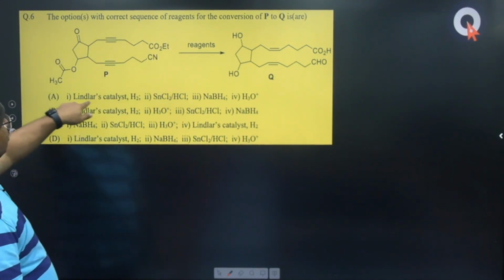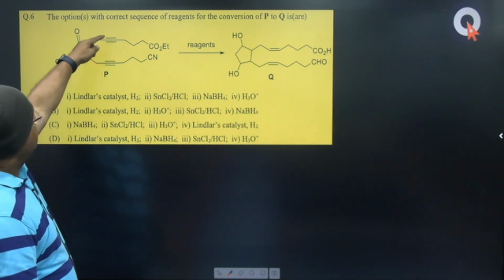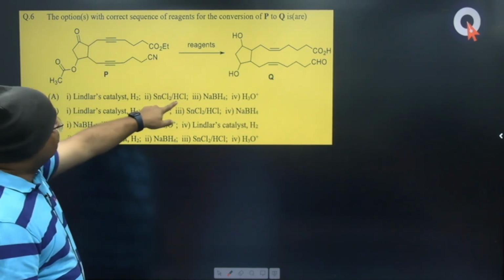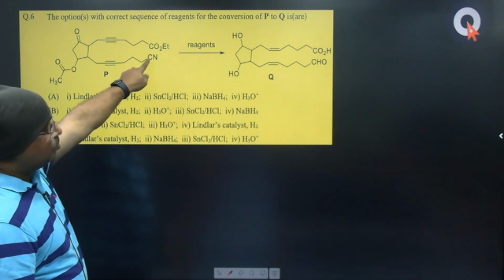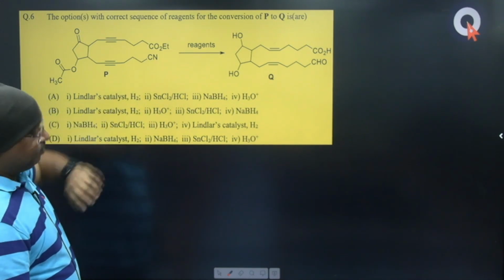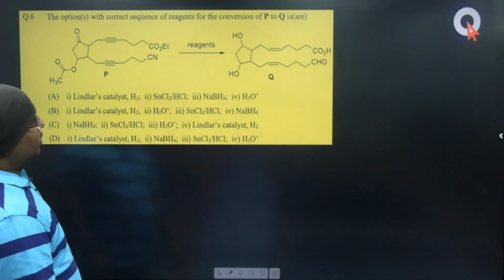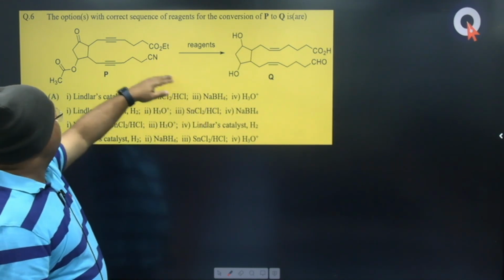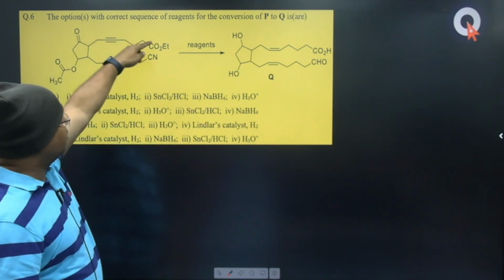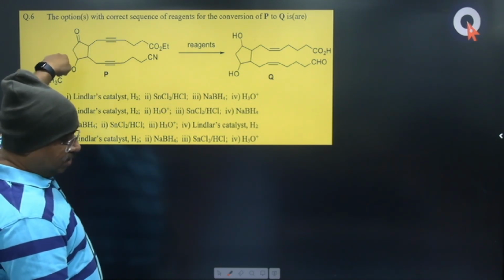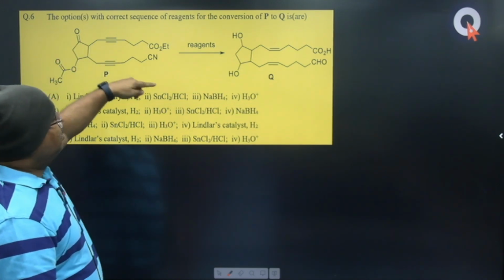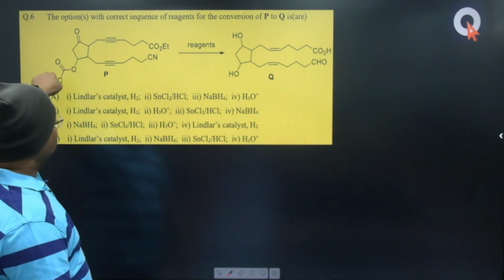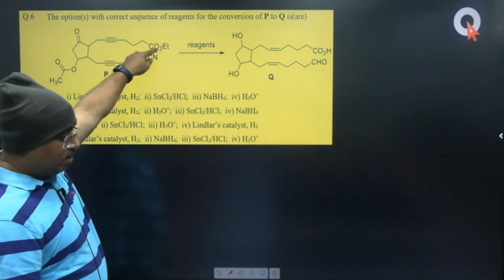So if you add first, let us say, Lindlar's catalyst, the triple bond becomes a double bond, okay, no problem. But SnCl2 and HCl will convert this into imines. Sodium borohydride will reduce the ketone but not acid and ester. Clear? Then hydrolysis of esters can happen here.